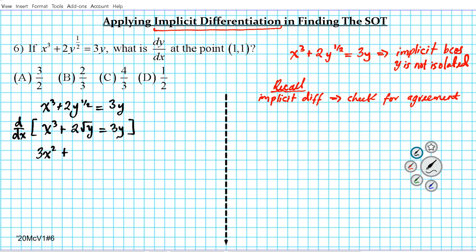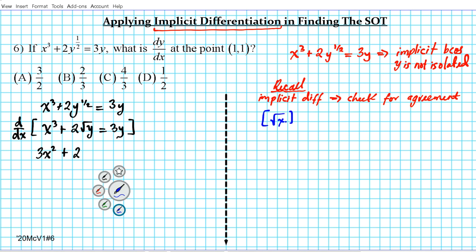Then moving over here, 2 times the derivative of the square root of y. The fast way of differentiating radicals is going to be really helpful to you on the AP exam. The derivative of root x is 1 over 2 root x.